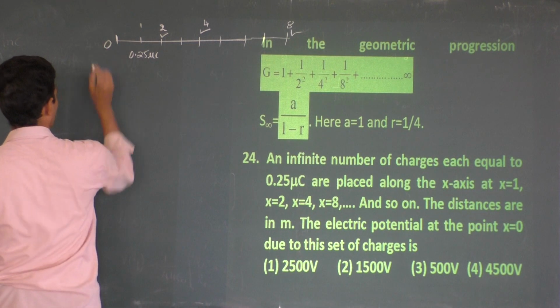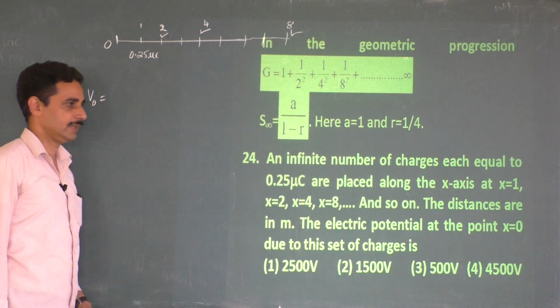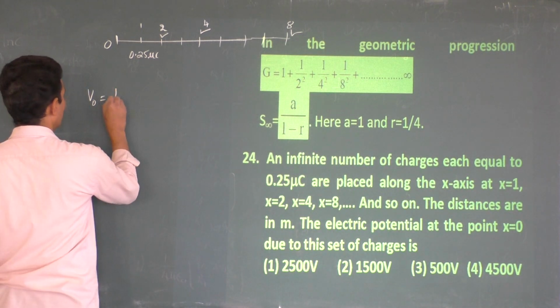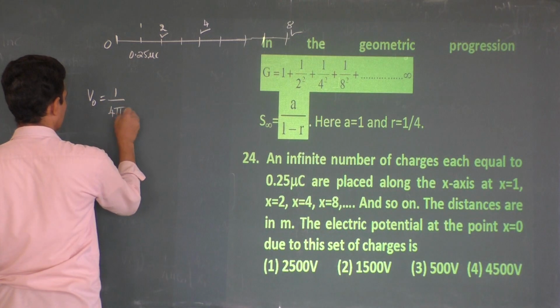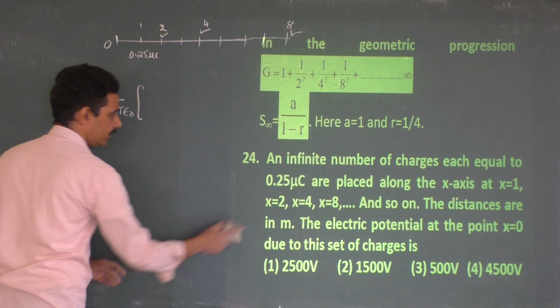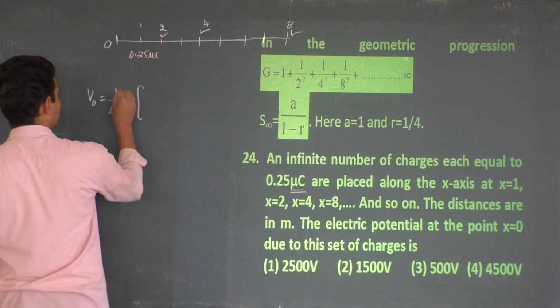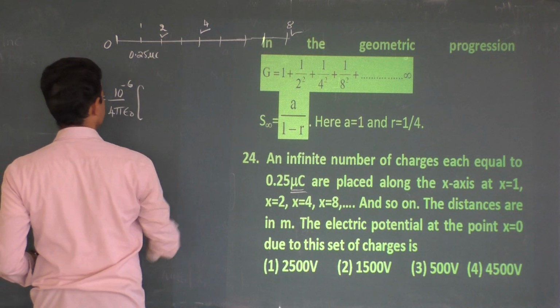Net potential, I will call this point the origin O. Potential at O is equal to 1 by 4 pi epsilon naught, which is common. All the charges are in micro, so I can take 10 to the power minus 6 for each one.